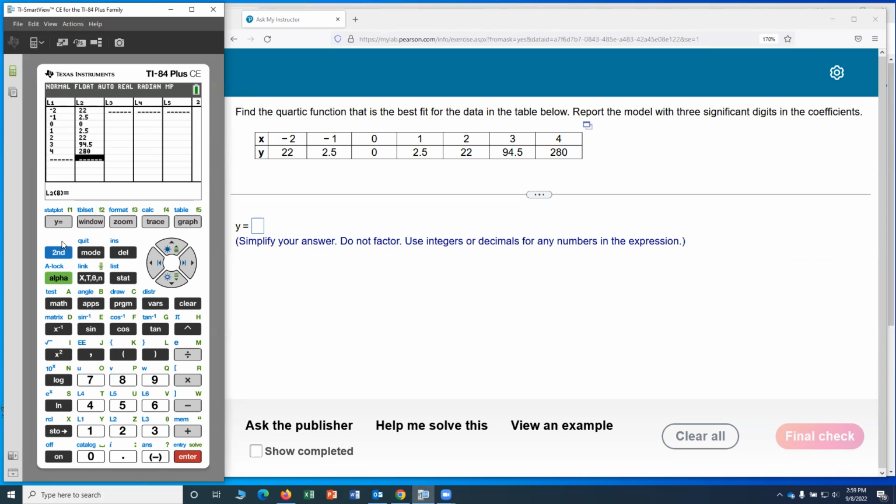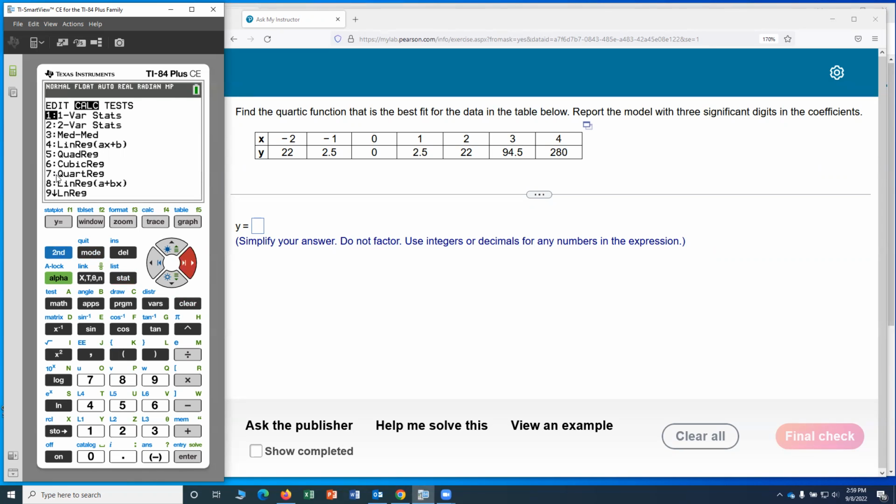Okay, I'm going to go back to my home screen by hitting second mode. And then I want a quartic function. So I'll go back into stat, go over to calc, and I want number 7, which says QuartReg. That will be a quartic function. So I select number 7. My X list is list 1.